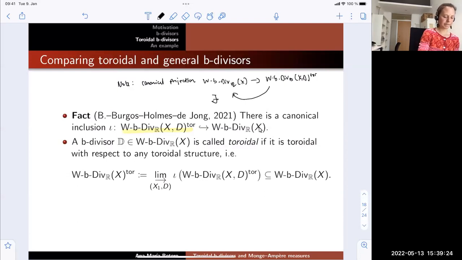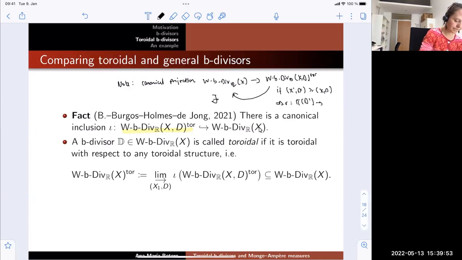It comes from the relation of toroidal structures, one being above the other, because it turns out that if (X', D') is above (X, D), then you have such a map R from one conical complex to the other one.